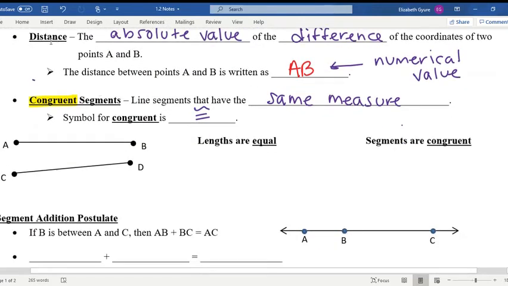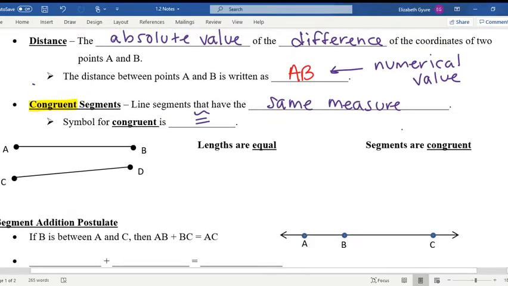So to talk about our notation here and what it really means to be congruent, we're going to look at these 2 segments here on the left. We have segment AB, with our little segment bar above it, and then segment CD with our little segment bar above it.